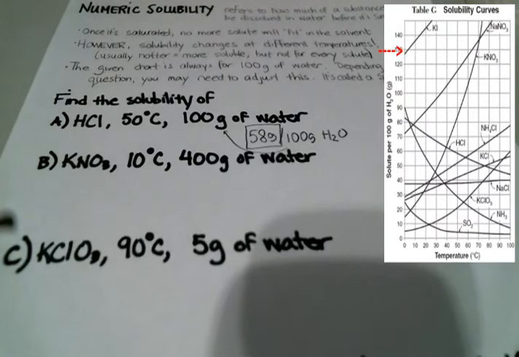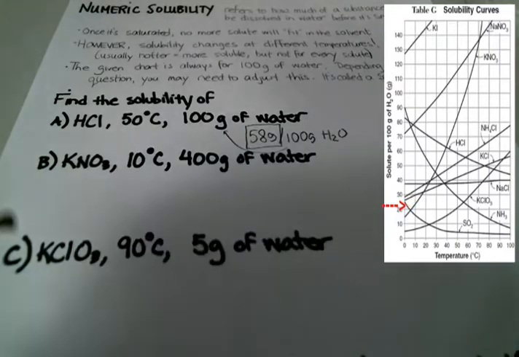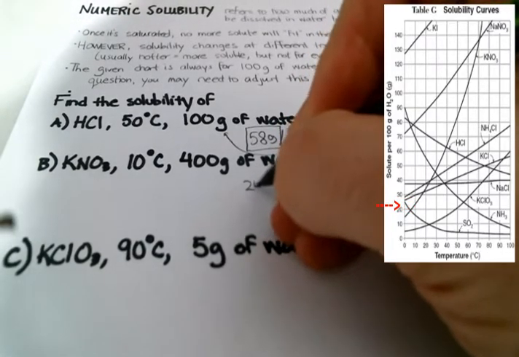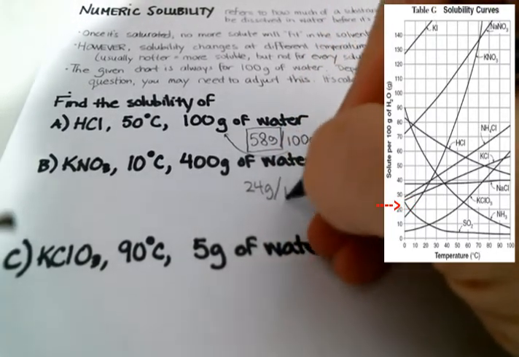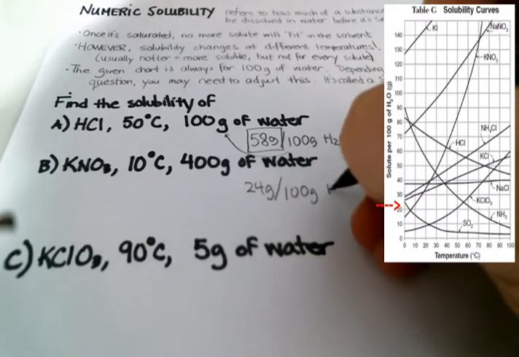Now, here we've got 10 degrees Celsius, so we'll start at 10 at the bottom, and we'll trace it up to the KNO3 line right there. And then to the left, and I think we've got about 24 grams there based on my estimation per 100 grams of water.